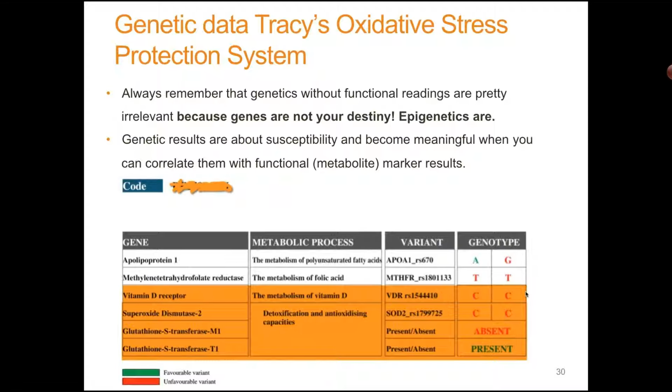There are different genes for vitamin D receptors, but this is one of them. So we've got a situation where Tracy is likely to need more vitamin D than average.